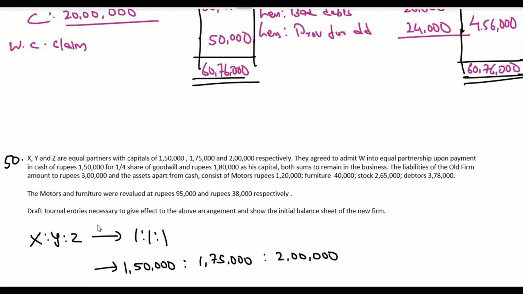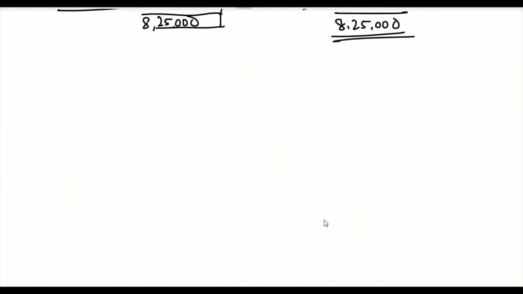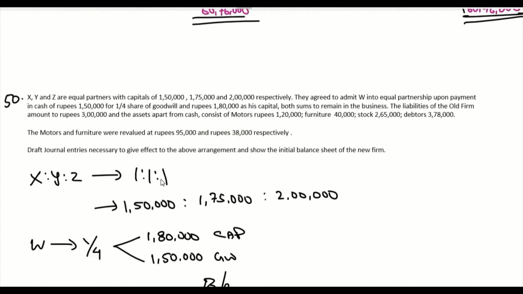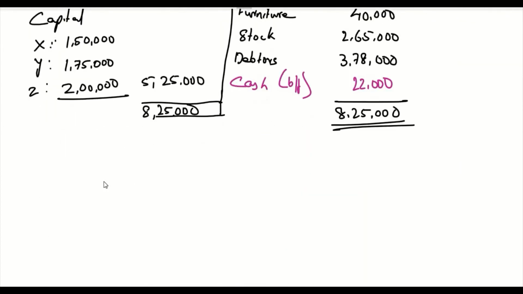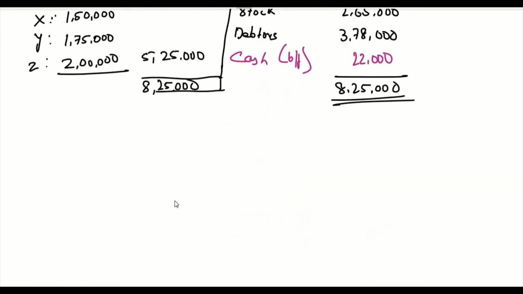Now here it is mentioned that we need to draft the journal entries to give effect to the above arrangement and show the initial balance sheet. Okay, let's pass the journal entries. First thing is the new partner bringing in capital and goodwill, which is 1,80,000 and 1,50,000.